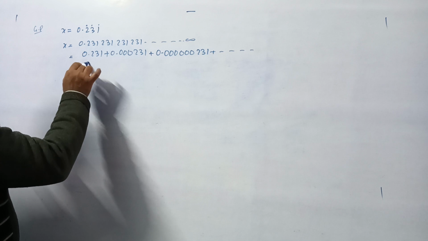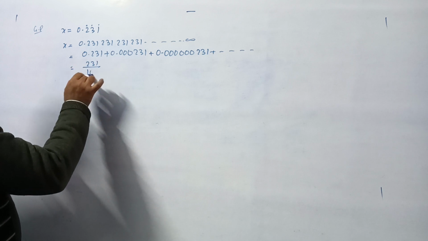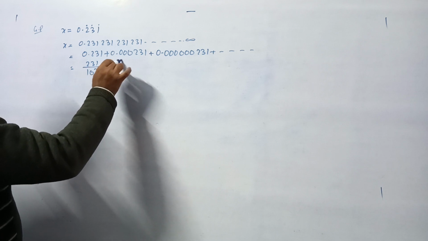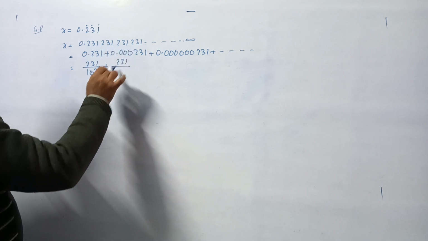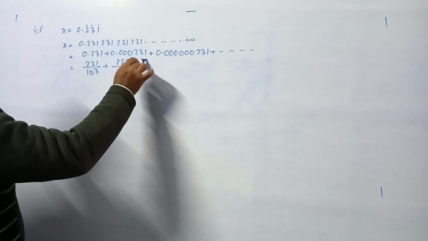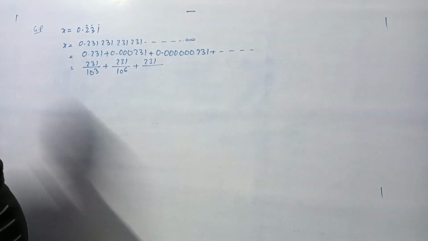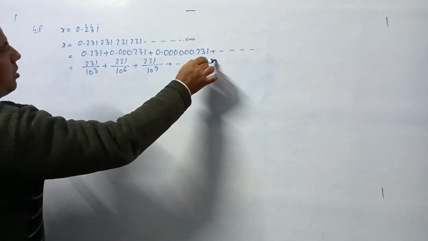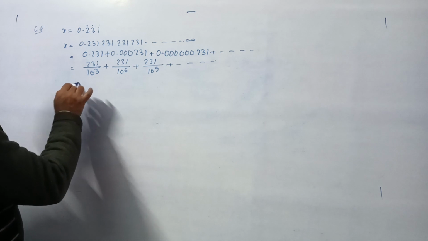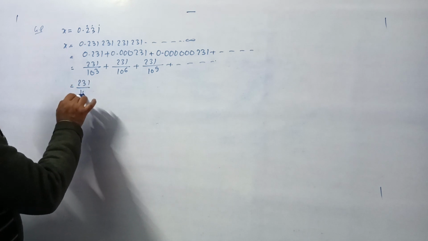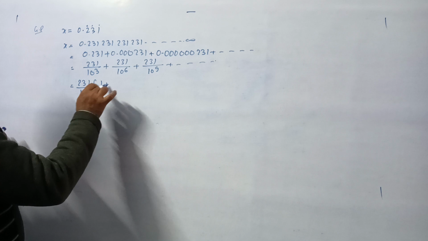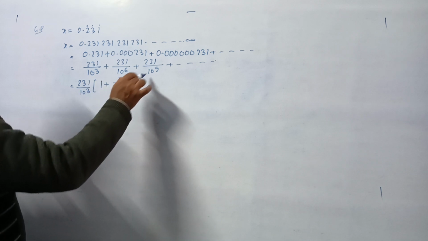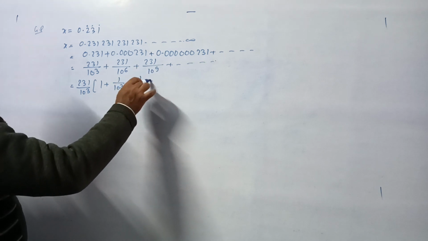That can be represented as 231 by 10 to the power 3, then 231 by 10 to the power 6, then 231 by 10 to the power 9, and so on. Take 231 by 10 to the power 3 as common, then 1 plus 1 by 10 cube plus 1 by 10 power 6.